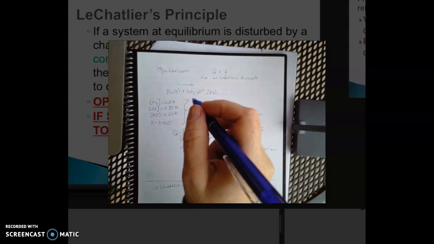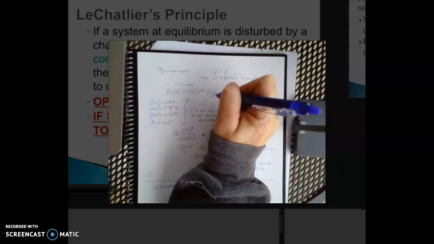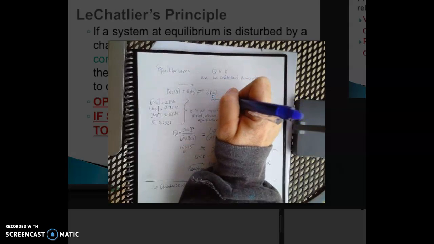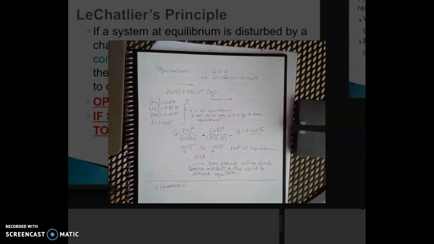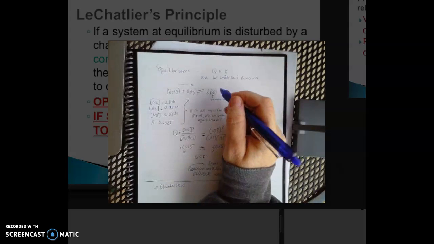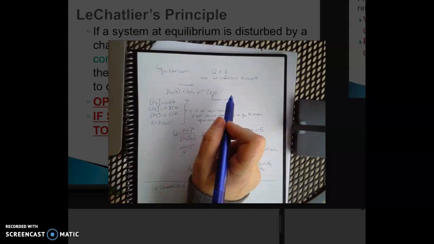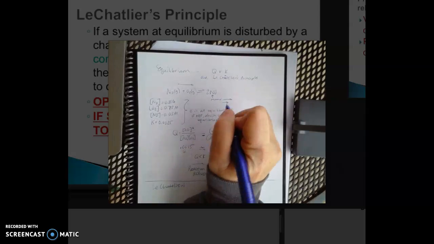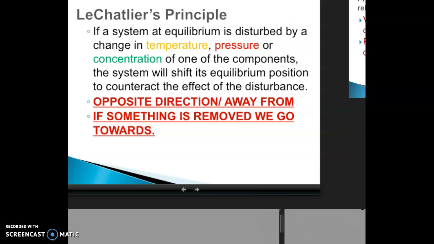If I take away a product, if I take away some NO, then it's also going to shift to the right to relieve that stress. If I've reduced my product, then I've disturbed my equilibrium, and it's going to reestablish equilibrium by shifting to the right and making more NO to replace what was lost.